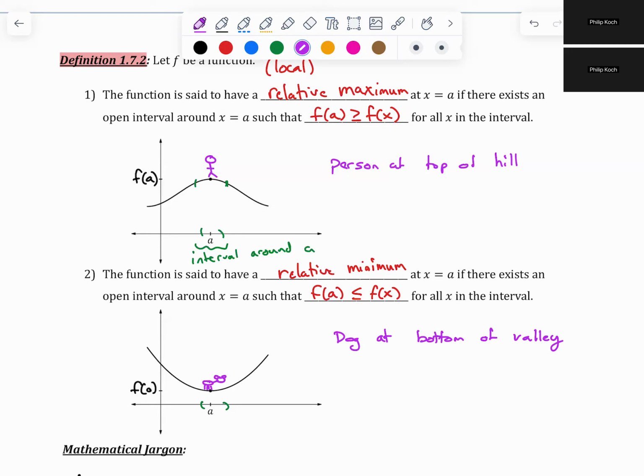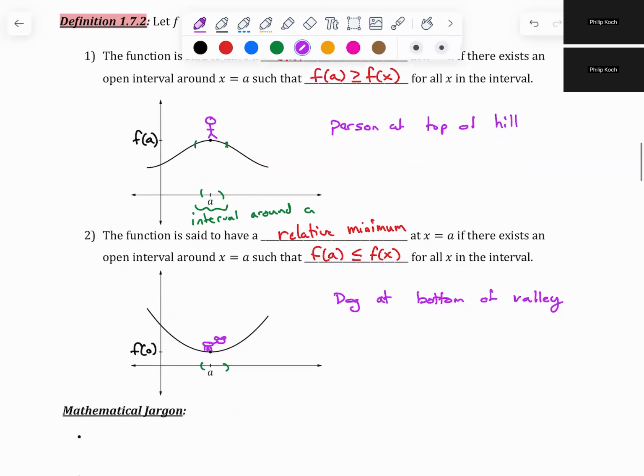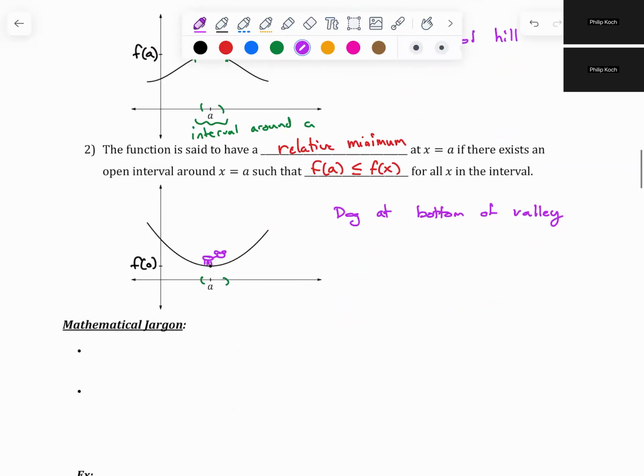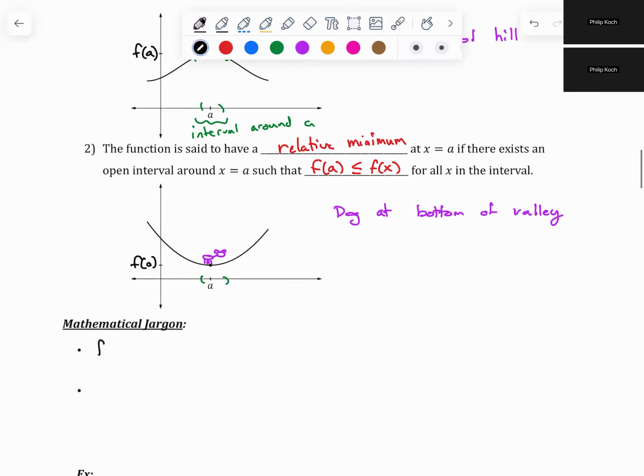So those are the two things, and I misspoke. There's not three parts, there's only two parts: relative maximum and relative minimum. So here's a little problematic thing about the jargon issue. f of a is the relative max or min value, and it occurs at x equals a.